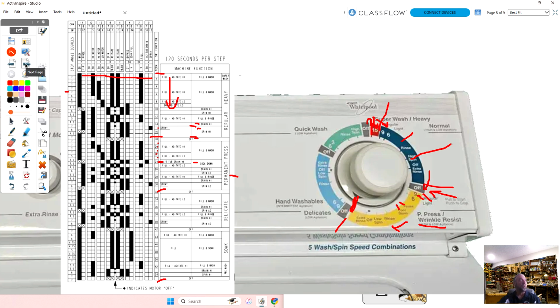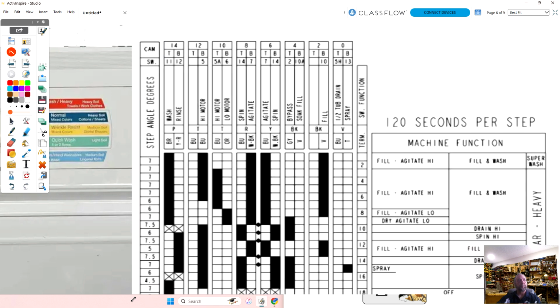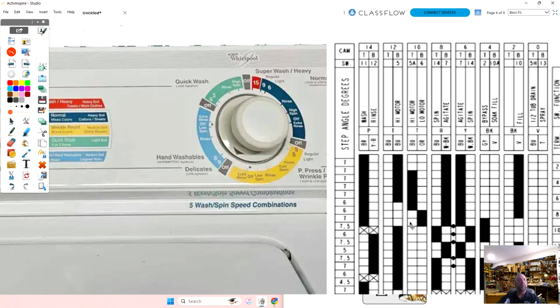Let's go to my exploded view here so we can see it a little bit better. If we look at that timer, we're right at the very first increment of the cycle. Anywhere we see the box shaded in, that means that switch is closed.